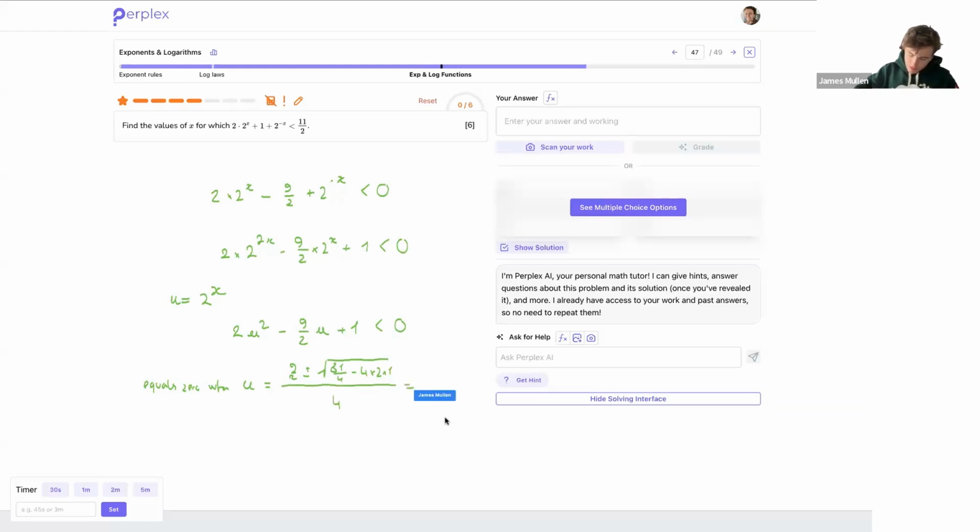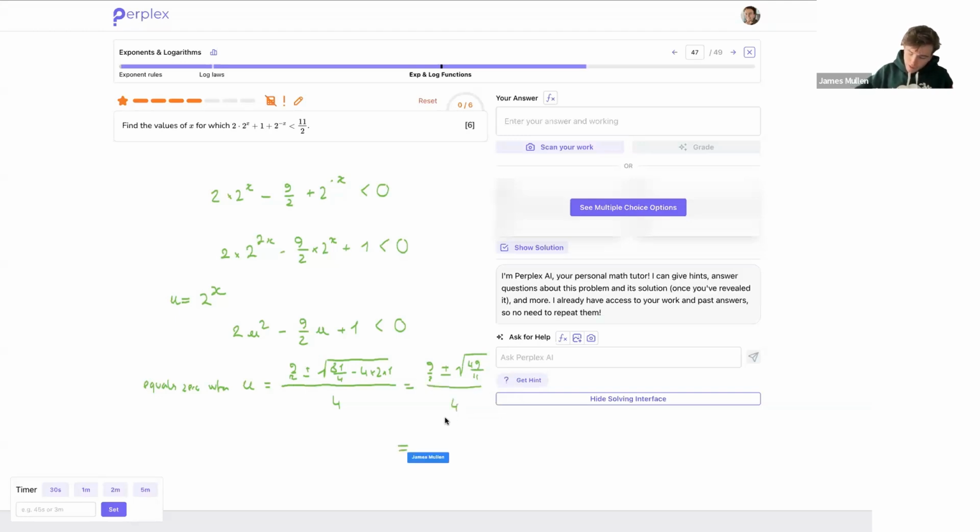So this is 9 over 2 plus or minus, and then I have 81 over 4 minus 8, and 8 is 32 over 4, so 81 minus 32 over 4, and that's just going to be 49 over 4. So the square root of 49, not 99, 49 over 4, all over 4.